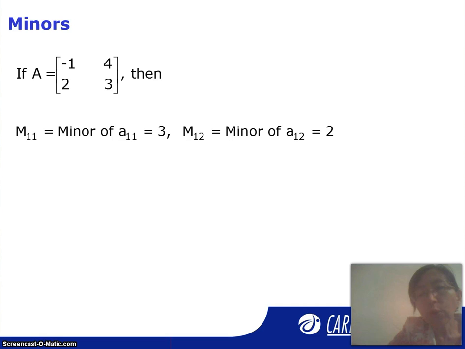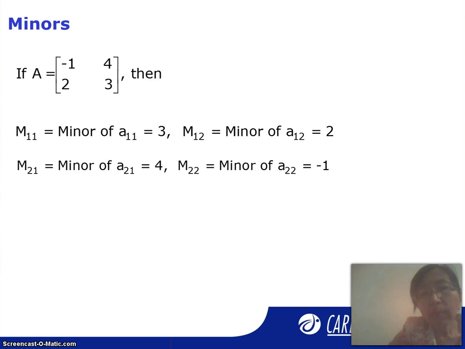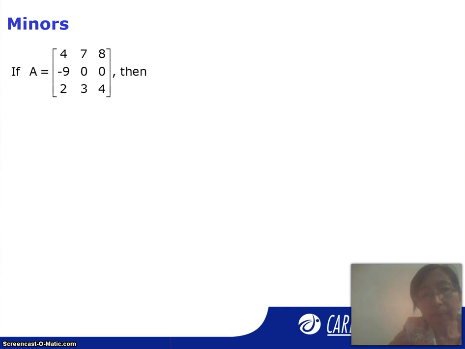M12, this is the minor of A12, will be equal to 2. M21, this is the minor of A21, will be equal to 4. M22, this is the minor of A22, will be equal to minus 1.